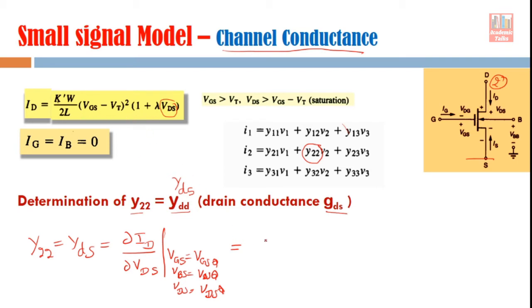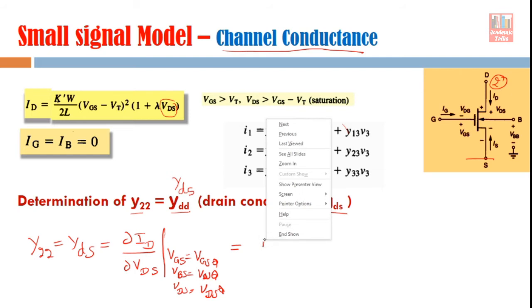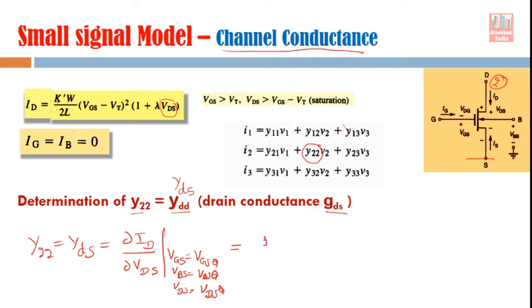You can see the thing which you are going to get is K prime W by 2L, (VGS minus VT) square, into lambda, because you have to find the derivative of this part.